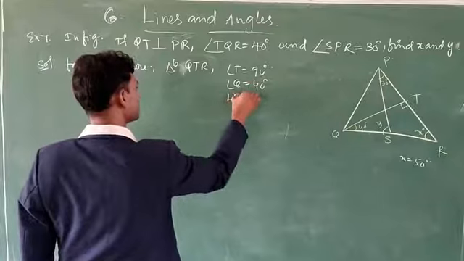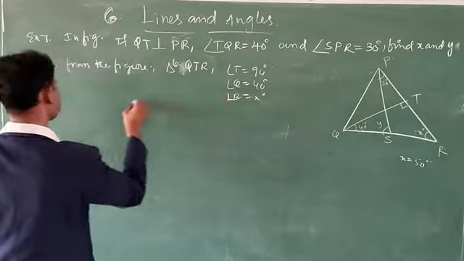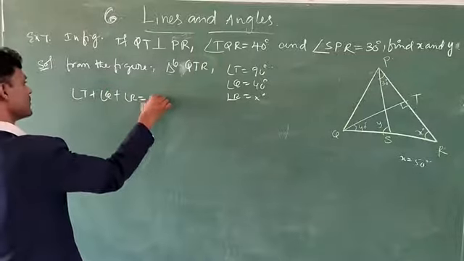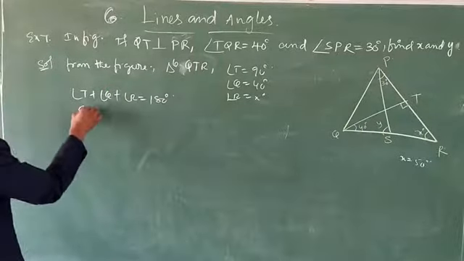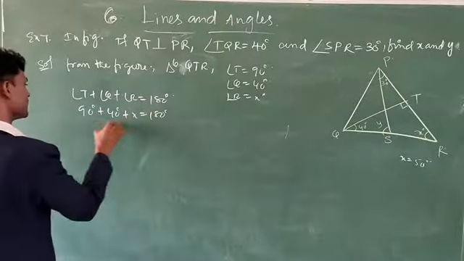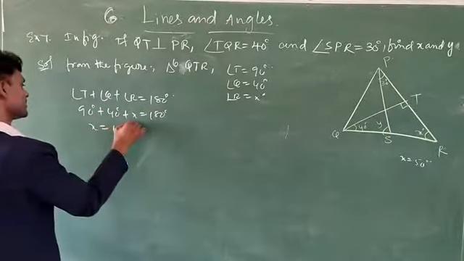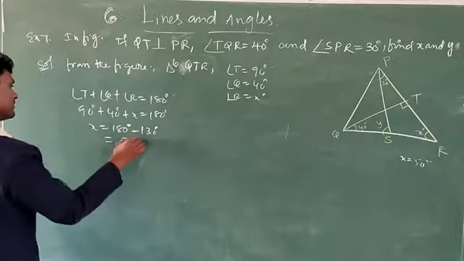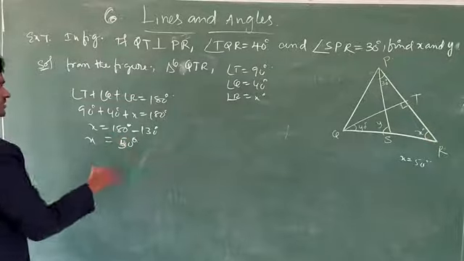Angle R is equal to x degrees. Now the sum of angle T plus angle Q plus angle R is equal to 180 degrees. Here 90 plus 40 plus x is equal to 180. Then x is equal to 180 minus 130, which is 50 degrees. x is equal to 50 degrees.